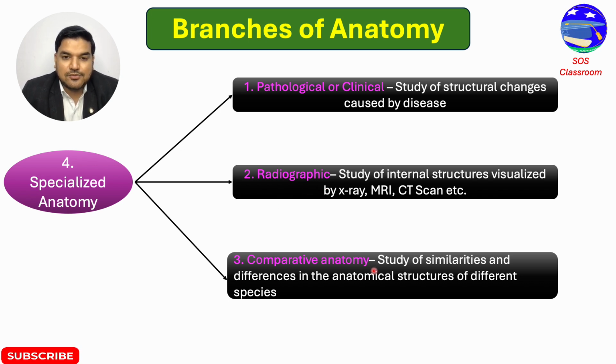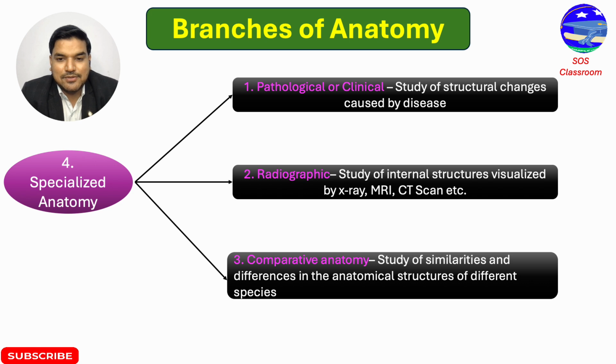Next is the comparative anatomy. Comparative anatomy means the study of the similarities. It may be the similarities with different types of animals, in the different anatomical structures of different species. Generally, the human is studied comparatively with the monkey body. The monkey body and human body are comparatively the same.